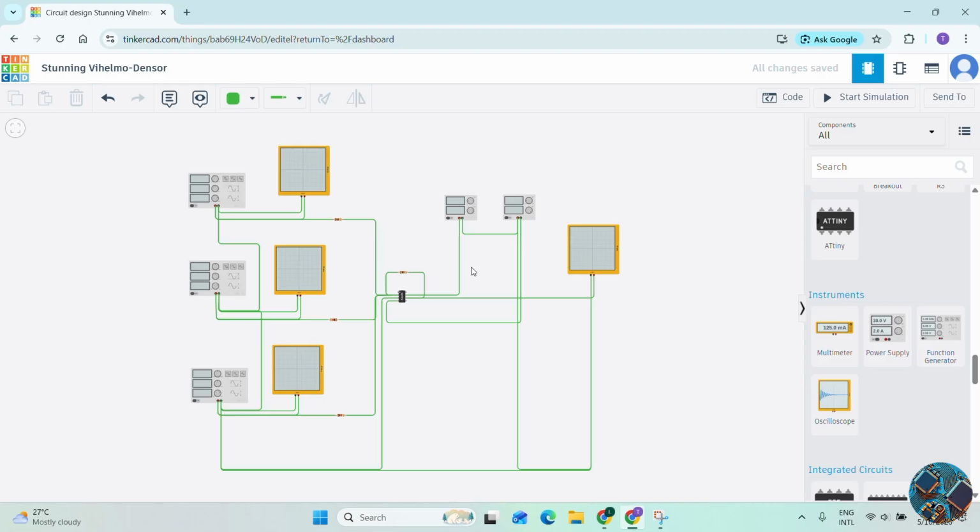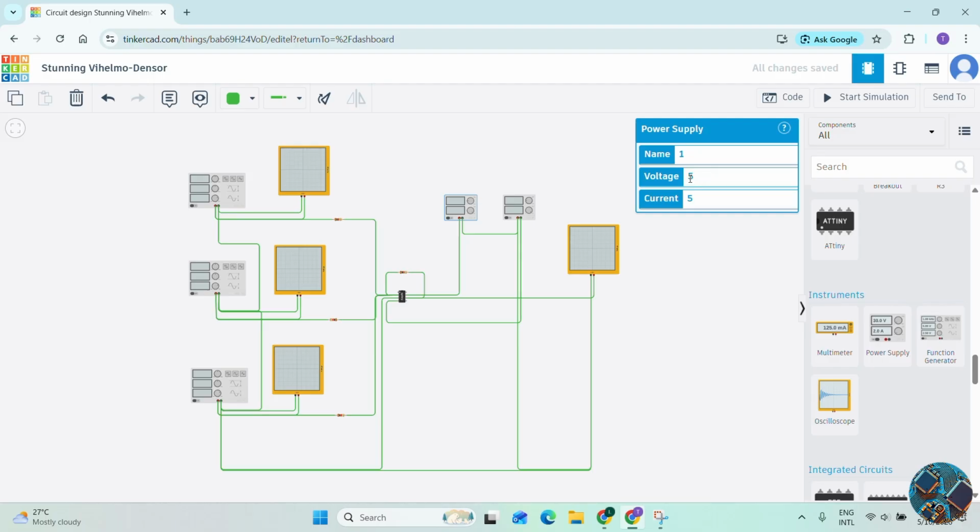Before moving on, we have to set the values. We need 15 volt power supply. Then I need 0.1 second, that means 100 milliseconds.